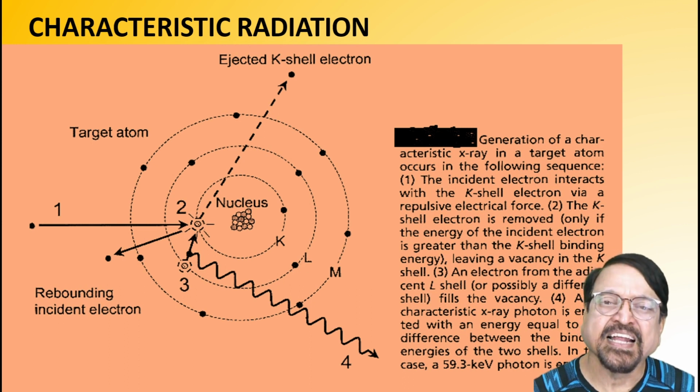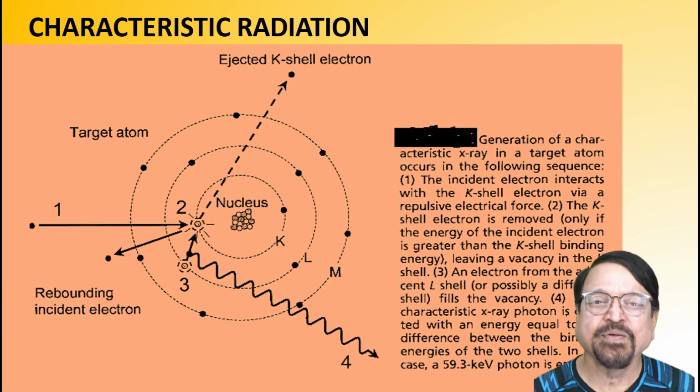Then there are shells. The one near the nucleus will have a higher energy level, like K will have more, L will have less, and M will have less. So in that way it will occur. Then an electron from the adjacent L shell, now we had displaced from the K shell. Now what will happen if the K shell is empty? Electron from the L shell.